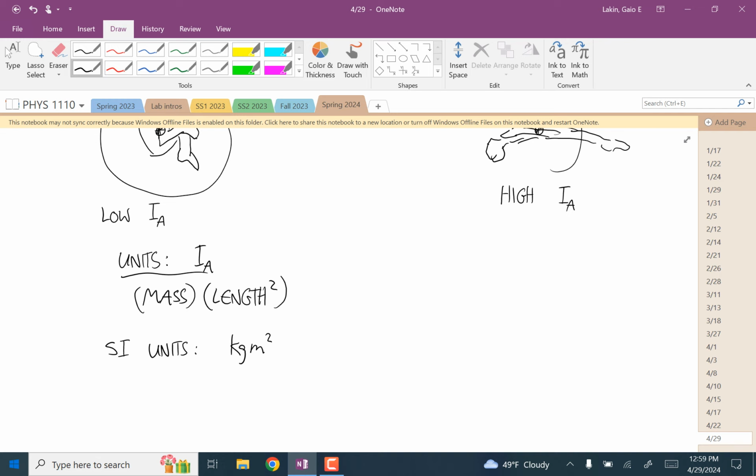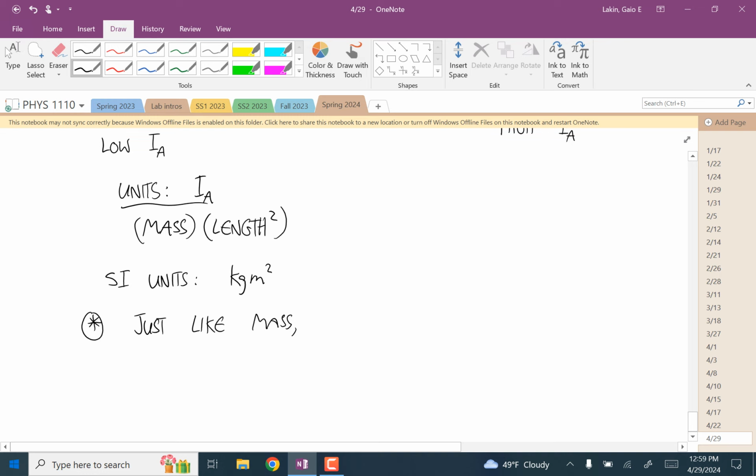This can never be negative. So notice, this works the same way that mass does. So just like mass, moment of inertia is always just a positive number. Okay?